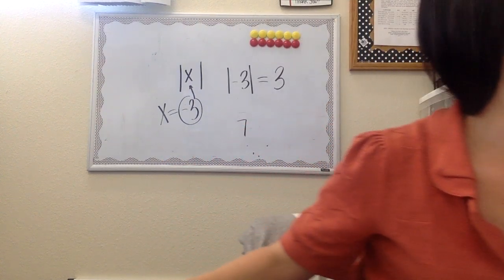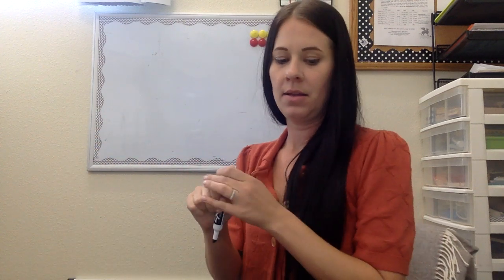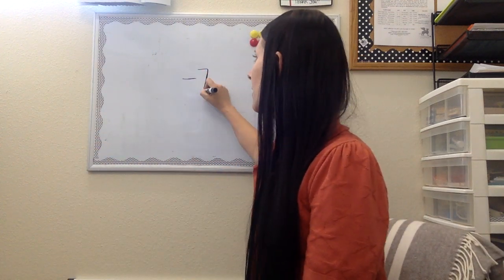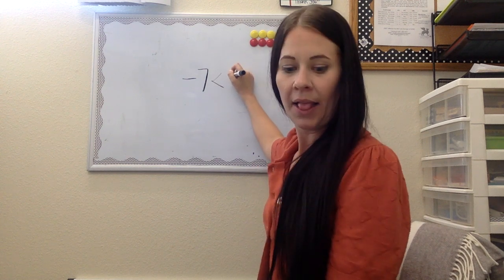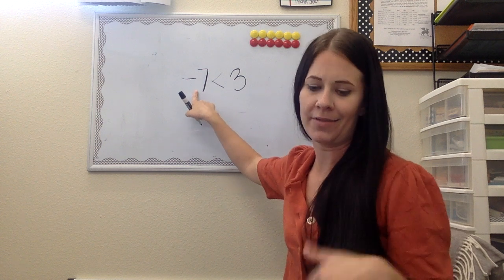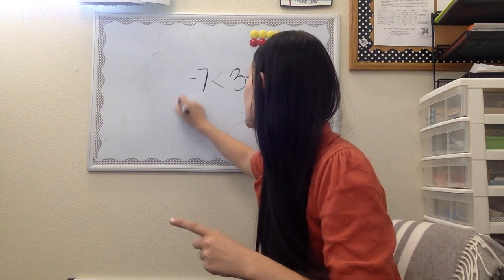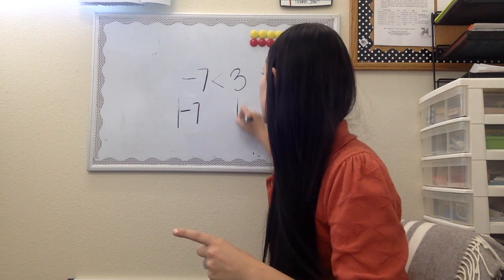Let me grab an eraser real quick. So let me show you. If I had -7, that is smaller than 3. I would rather have $3 than have lost $7. Okay, but watch, as soon as we put them both into absolute value.